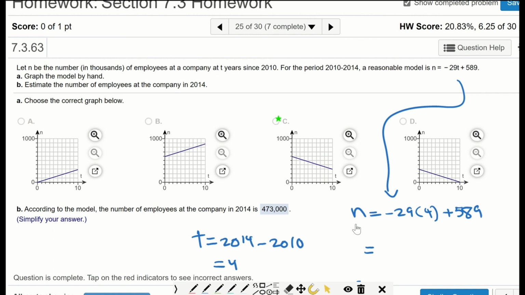But since they don't, you have to give the actual number, and remember that n is in thousands. So when you get 473, you're not saying 473 employees. You're saying 473,000 employees in 2014. Be very careful to answer that properly.